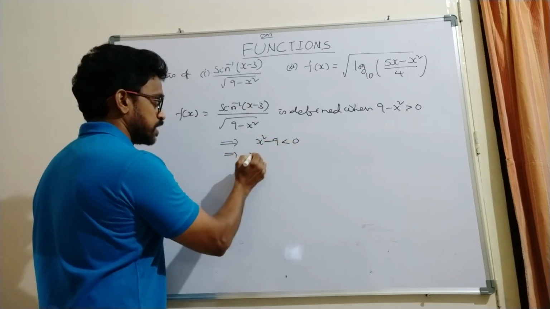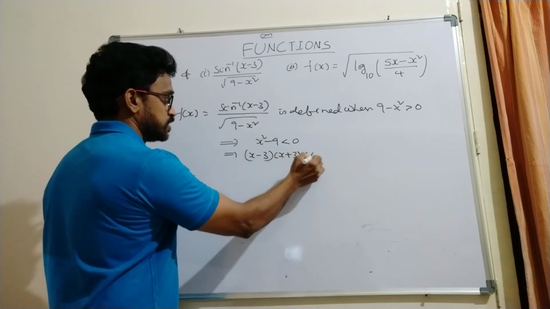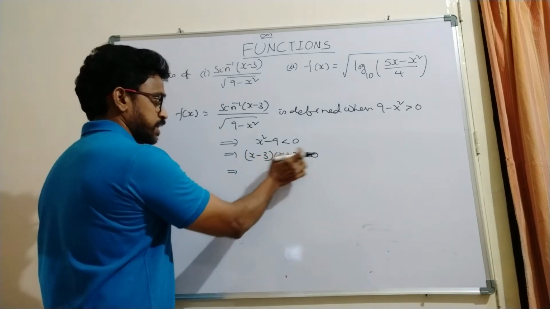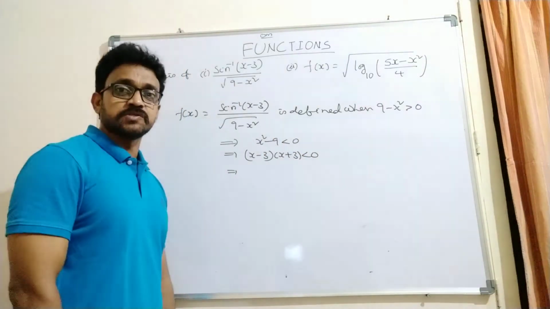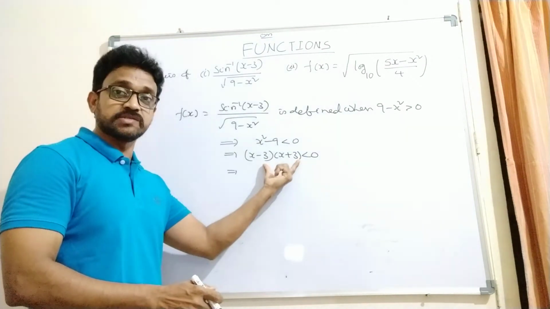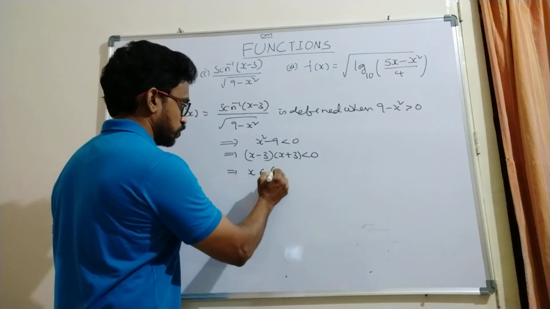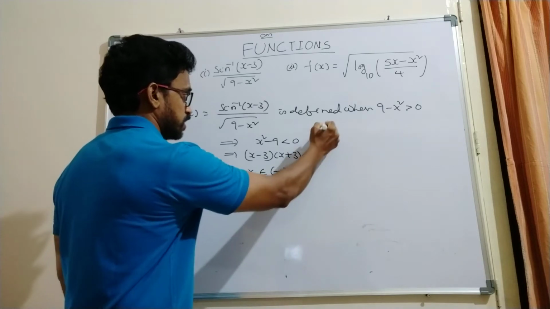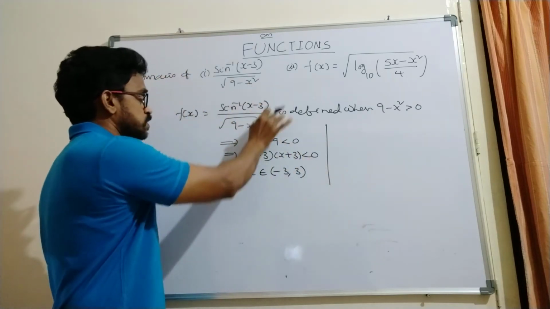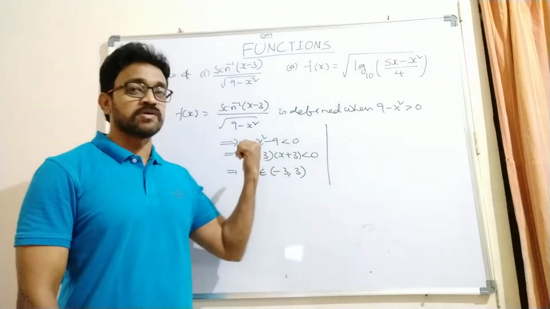Now we factorize: x minus 3 into x plus 3 less than 0. This product being less than 0 indicates x lies between the two numbers, minus 3 and plus 3. So x belongs to the open interval minus 3 comma 3. So overall this function is defined for x in the open interval minus 3 comma 3.